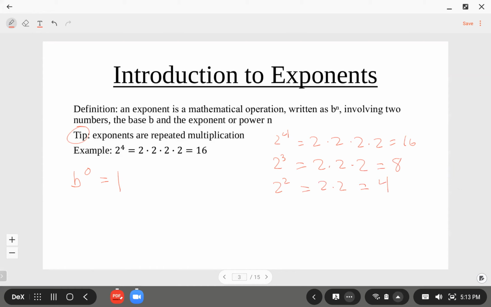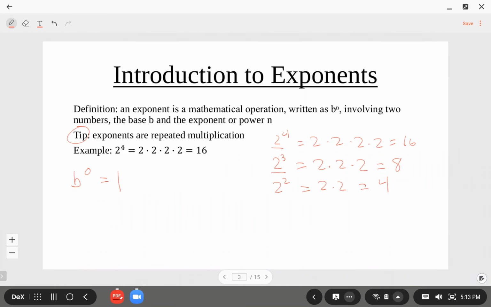If you subtract 1 from the exponent, so 4 minus 1 equals 3, then you just divide by the base, okay? What's the difference between 2 to the 4th and 2 to the 3rd? You divide by the base, because 2 to the 4th is 16 and 2 to the 3rd is 8.